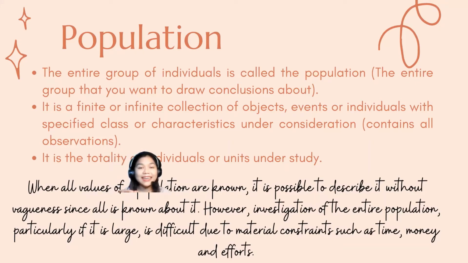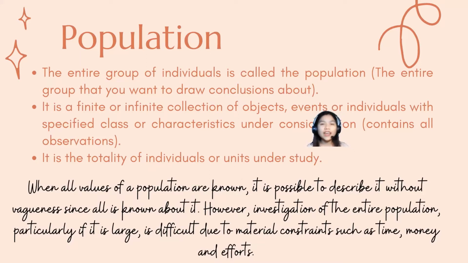But then the reality is investigation of the entire population, particularly if the population is so large, is difficult. It's very challenging due to material constraints such as time and money.